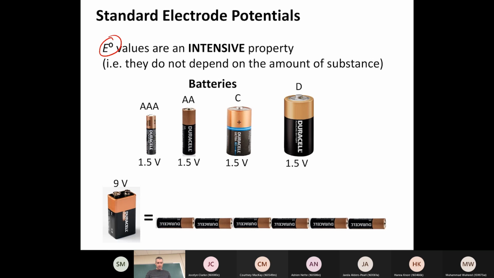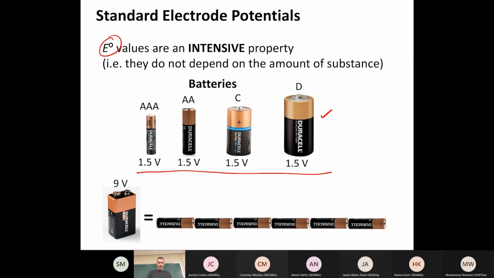So when you look at batteries, when you buy them, you can get a AAA, AA, a C, or a D. I don't know if there's a B or just an A, but I've never heard of them. All of these have the same voltage. All of these are using the same reactions with the same concentration. The only difference between these batteries is their size.